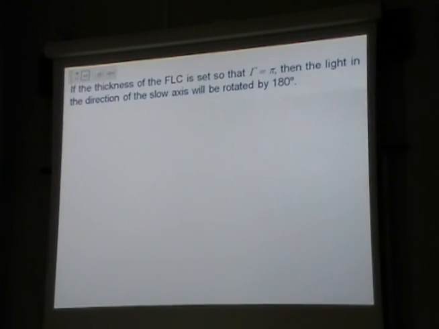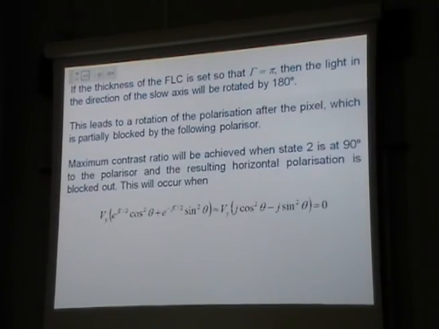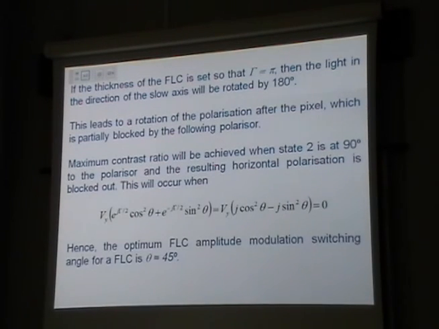Once again, I can optimize that, and to cut the long story short, if I want one of those two states to be 0, I'll set this one to 0, and I do that if I set the condition such that I have a half wave plate, so I have a gamma in the thickness of pi, and I have a switching angle by theta of 45 degrees. That gives me a very effective binary intensity modulator.